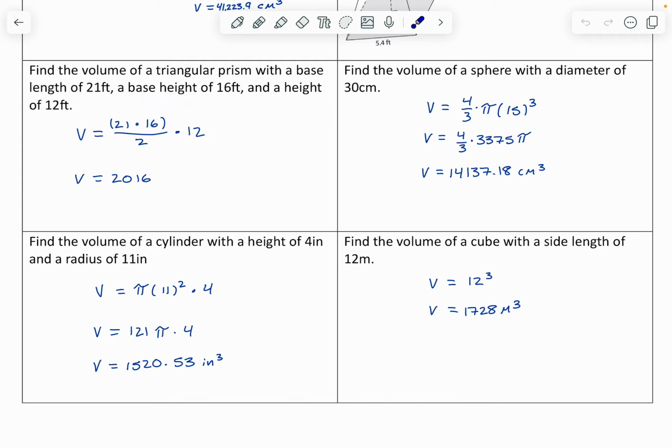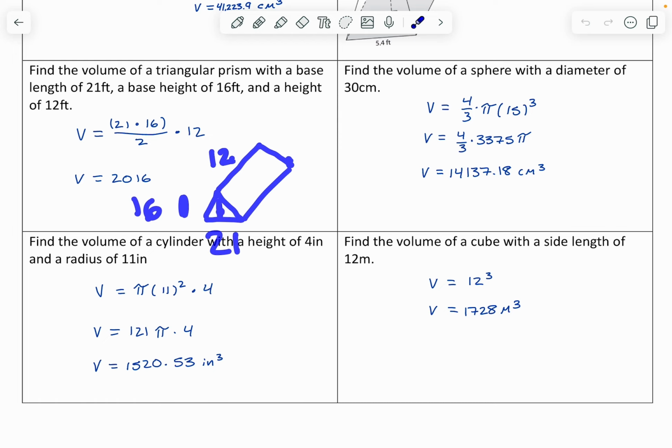If I had to draw this triangular prism, and bear with me, this might not be the best drawing, that's actually not too bad. My base length is 21. My base height, the height of that triangle, is 16, and the height of the entire figure is 12.